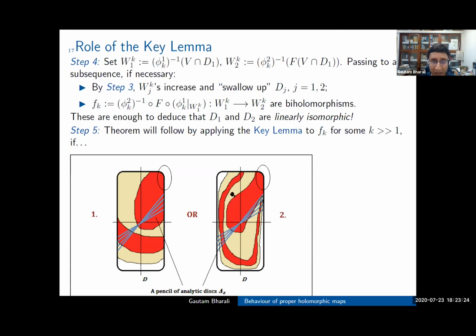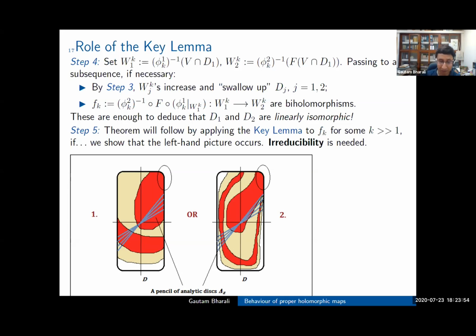The info I have doesn't preclude this picture number 2, where at no finite stage is there any W1 or W2 that swallows up this pencil of analytic disks. So our theorem would follow if I had some sufficiently large K so that the left-hand picture occurs. And I'm going to just finish at this point of time.